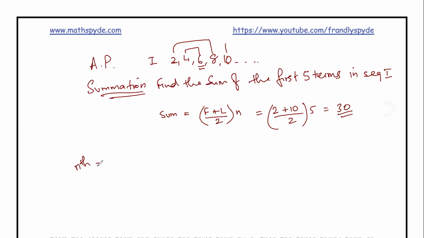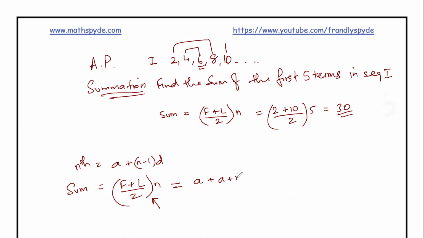Remember the nth term formula is a plus n minus 1 into the difference, and the sum formula is first term plus the last term divided by 2 into the number of terms. Now, in the textbook, they don't usually give you this form. They give you a, and the last term is the nth term. So you'll have a plus n minus 1, the whole thing into the difference, and then divide by 2, the whole thing into the number of terms.